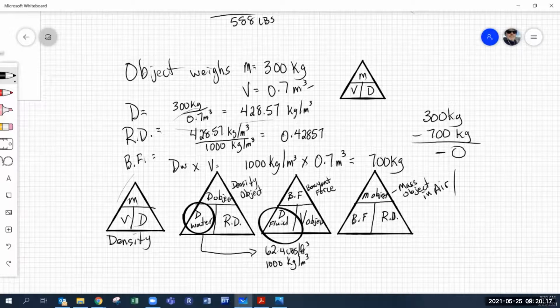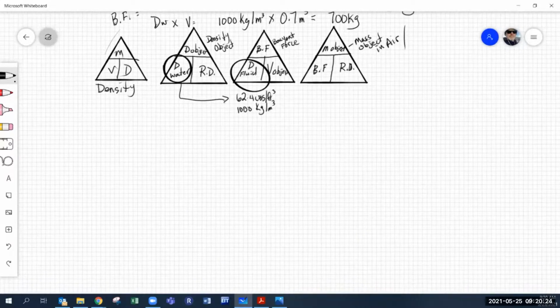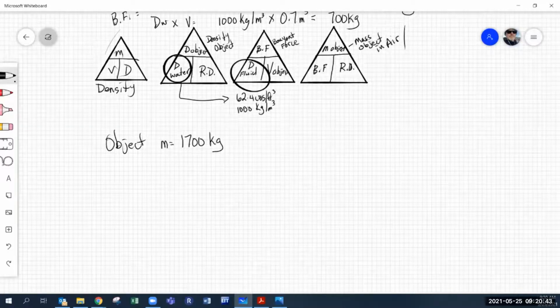Let's do a couple more questions. Why not? Okay. Next question. I have an object that weighs 1,700 kilograms, the mass. The volume of this object is equal to 9 cubic meters.